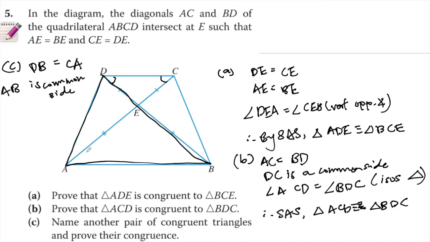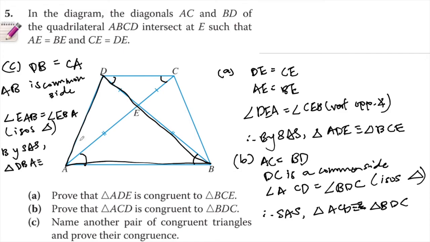So again, angle EAB is equal to angle EBA. This is because of isosceles triangle. So this angle is equal to this angle. So again, by SAS, triangle DBA is congruent to CAB.